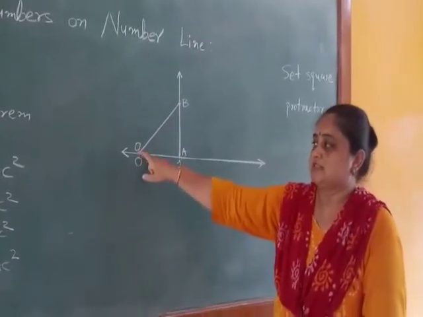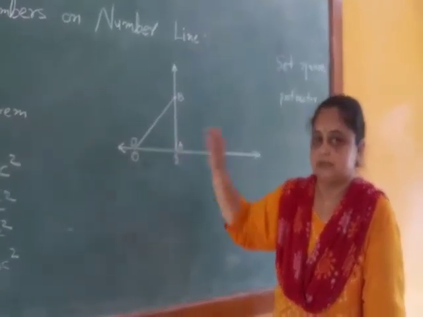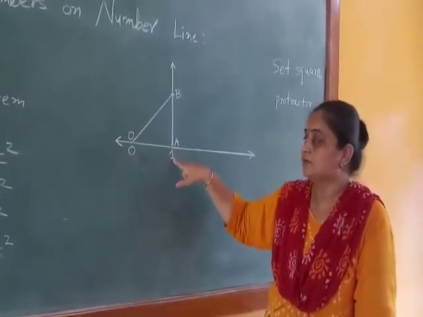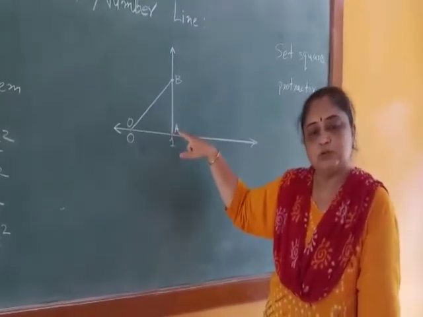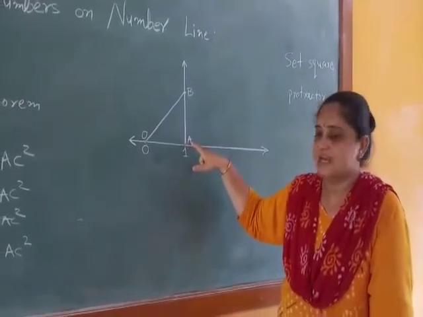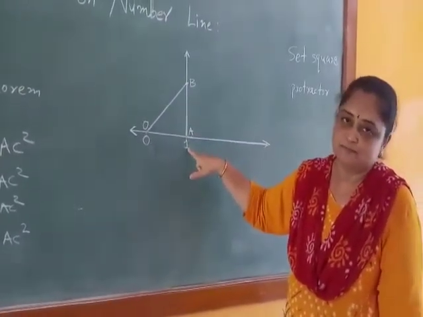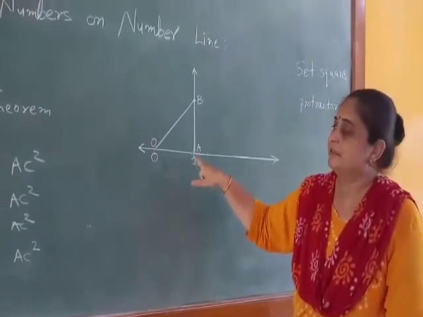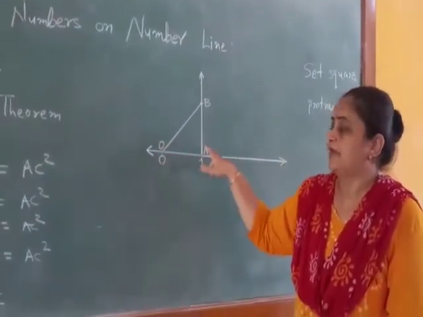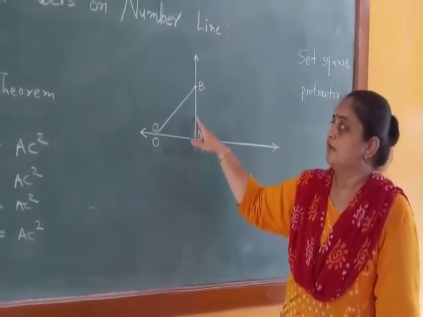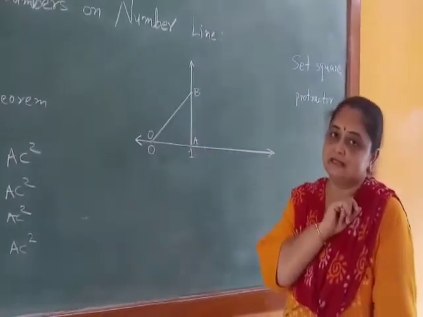So on the scale, from 0, at the 2 centimeter point consider 1 unit, and that number 1 is also represented with a point A. So here capital A is for number 1. You can say OA equals 1. Then we have to draw a 90-degree angle.